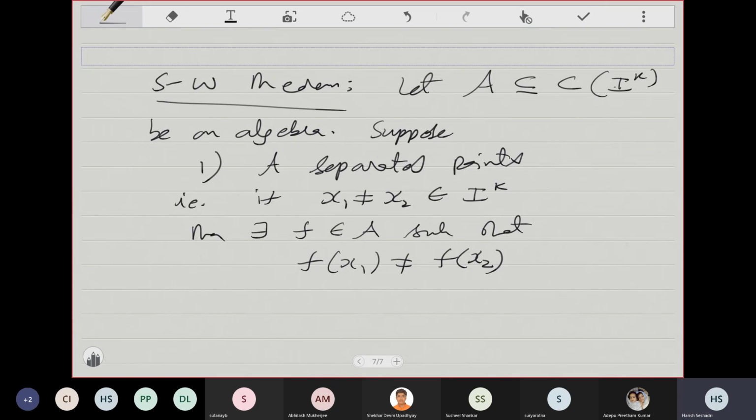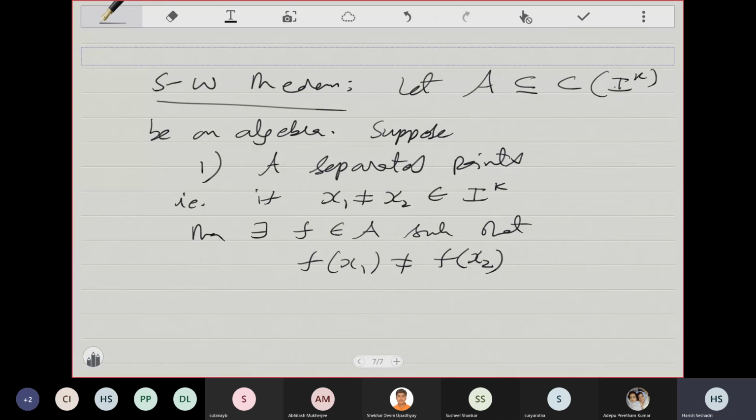So what it's saying is that there are sufficiently many functions inside this A so that whenever we have two distinct points, I can find a function whose values at those two points are not the same.